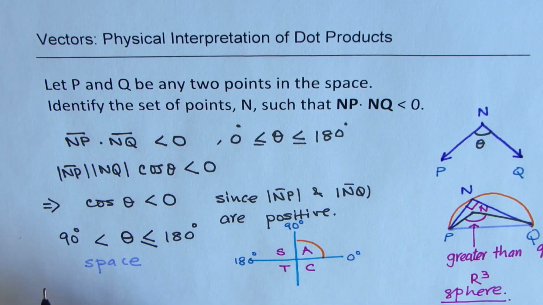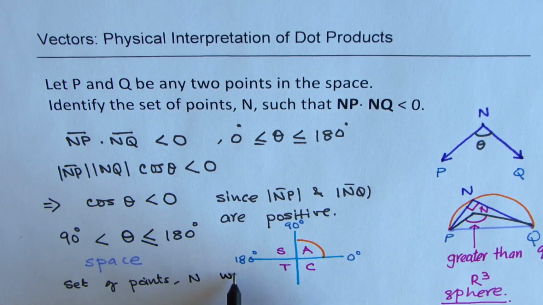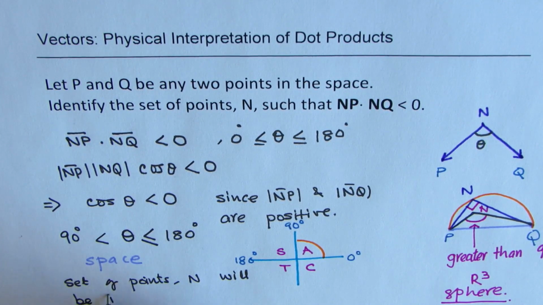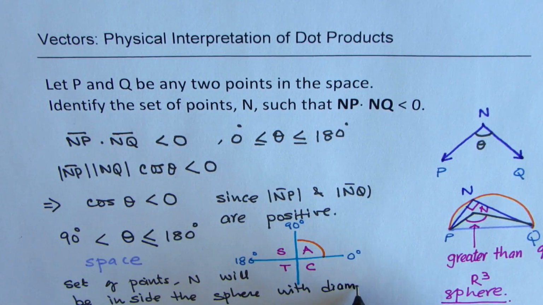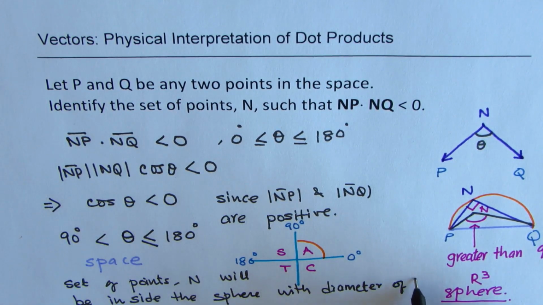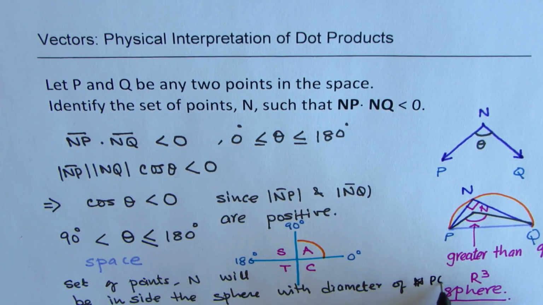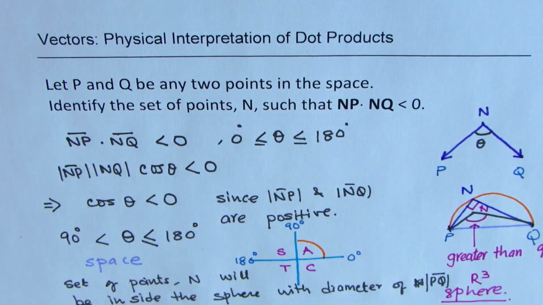Now we can conclude that the set of points N will be inside the sphere with diameter of PQ. That length, correct? Does that make sense to you?